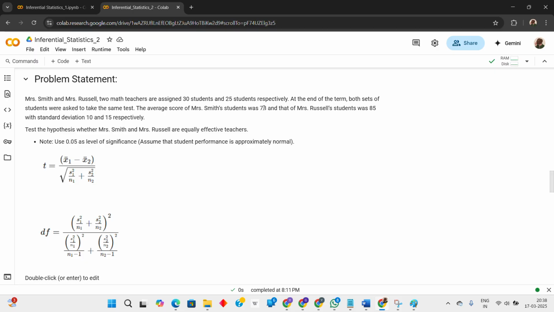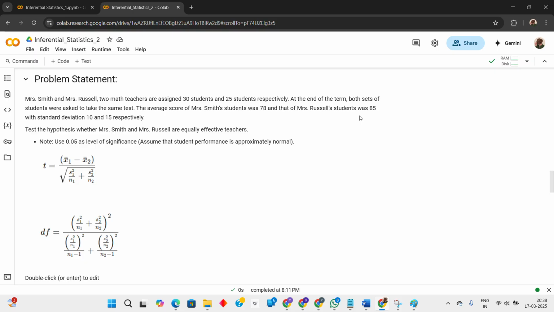But here the number is not the same. 30 students were handled by Smith and 25 by Russell, and the averages are also different, 78 and 85. We cannot simply say Russell is really good because 85 is higher, since the number of students is not equal.